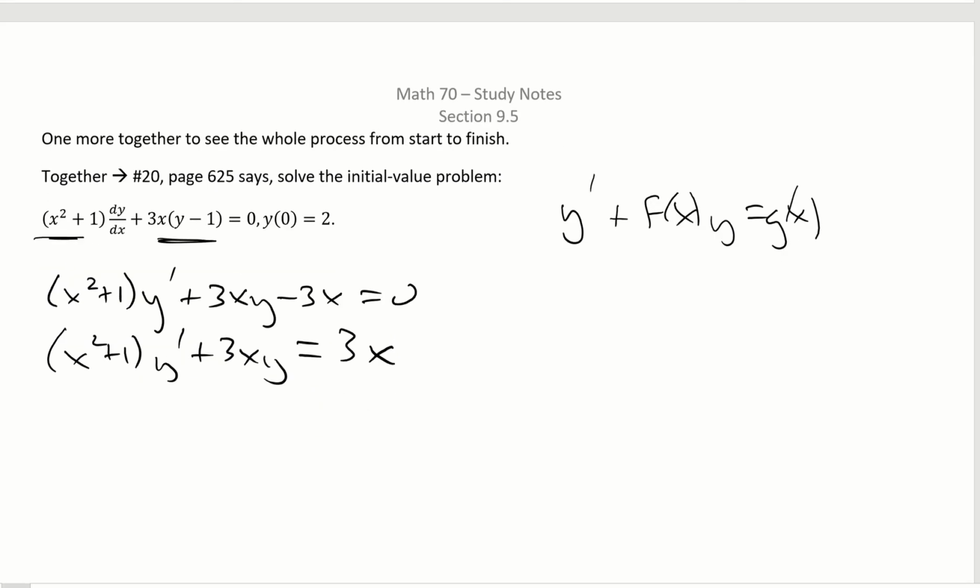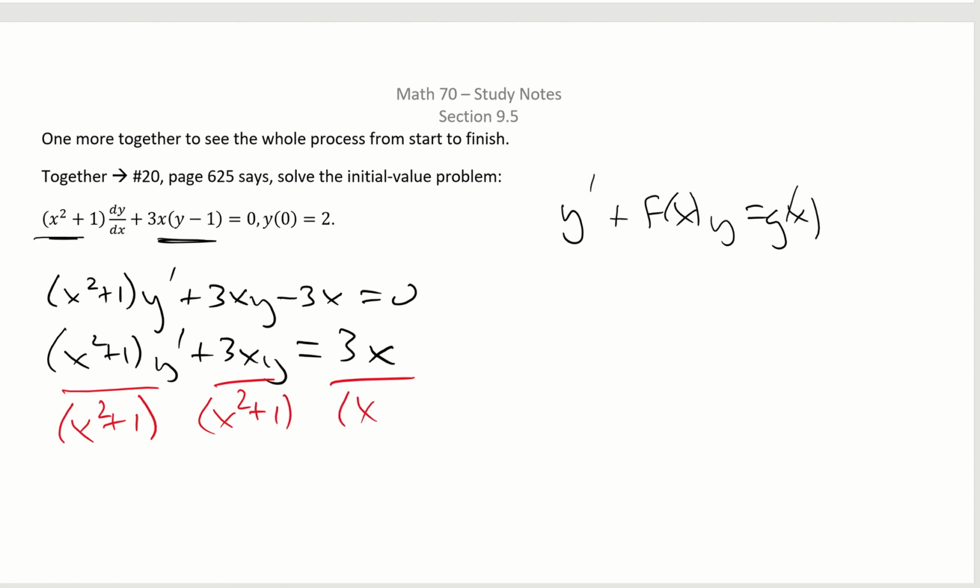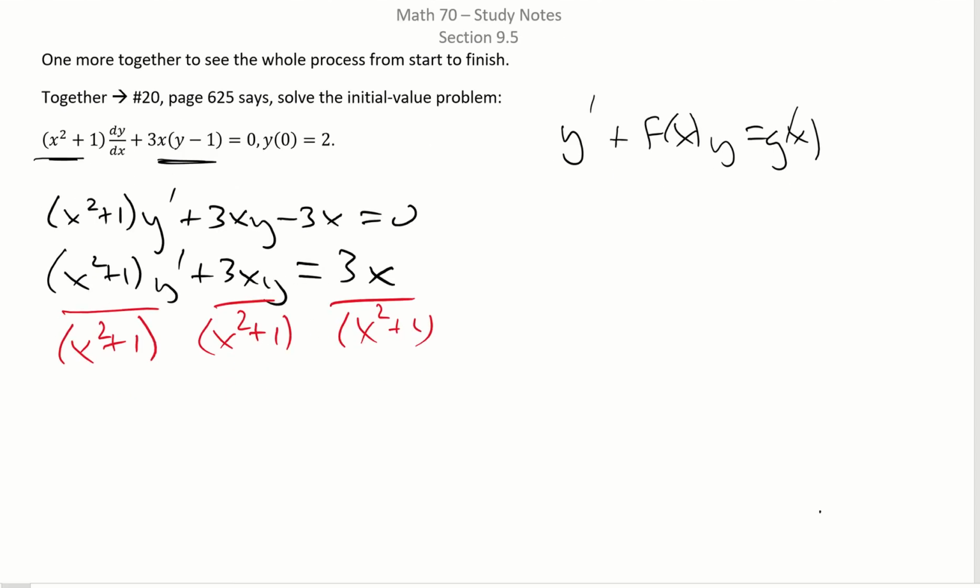Terrific. I remember what to do next. You divide by the x squared plus 1 all the way across, right? All right, so our problem now becomes this.